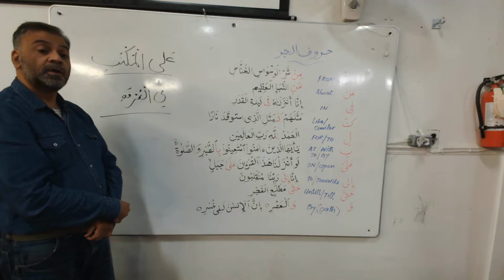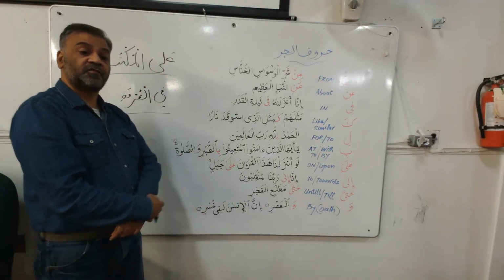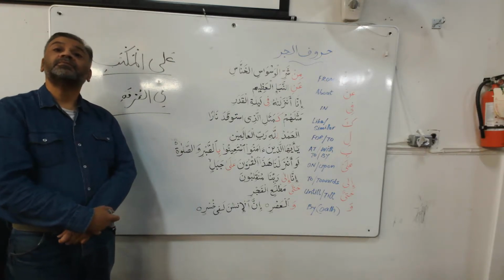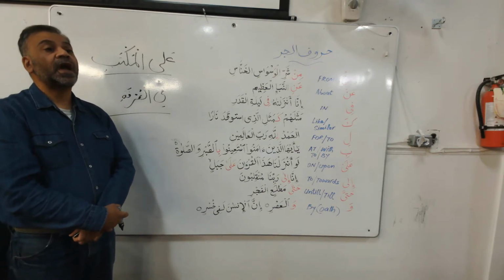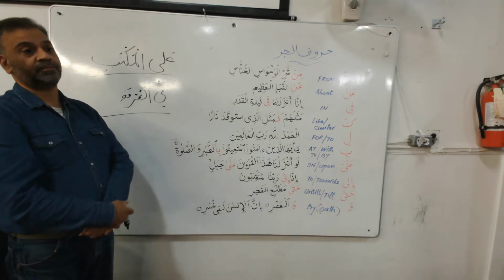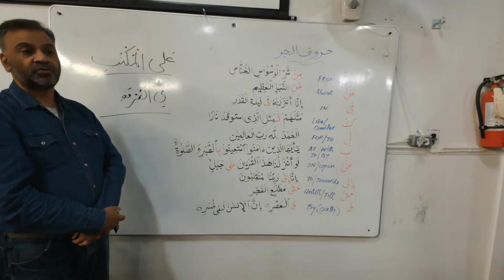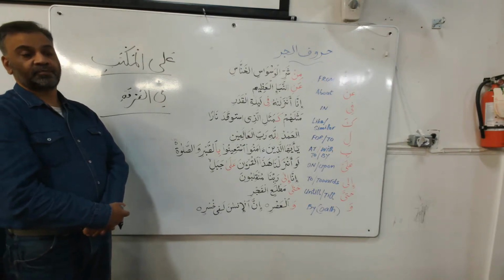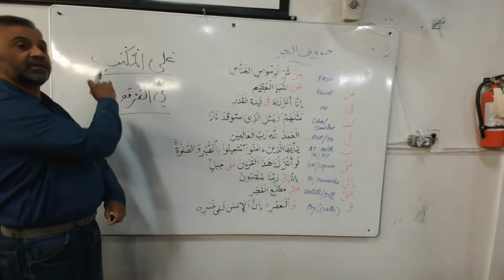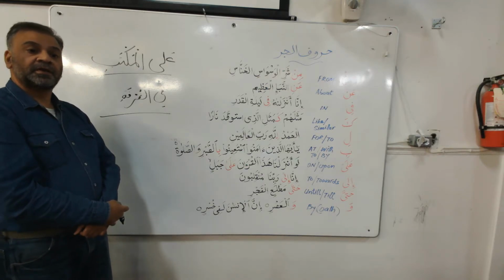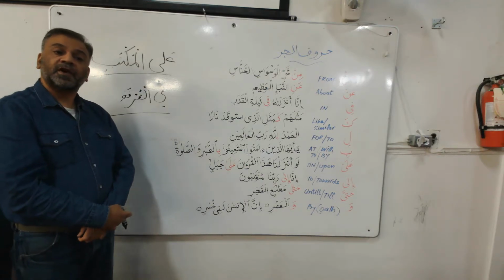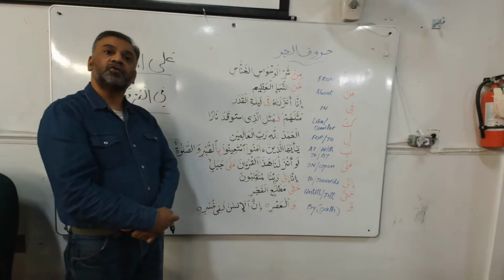Now, to make complete sense of this phrase, what do I need to do? I have to bring in a subject. Alal maktabi. So I need to bring the mubtada. What do we know about mubtada?